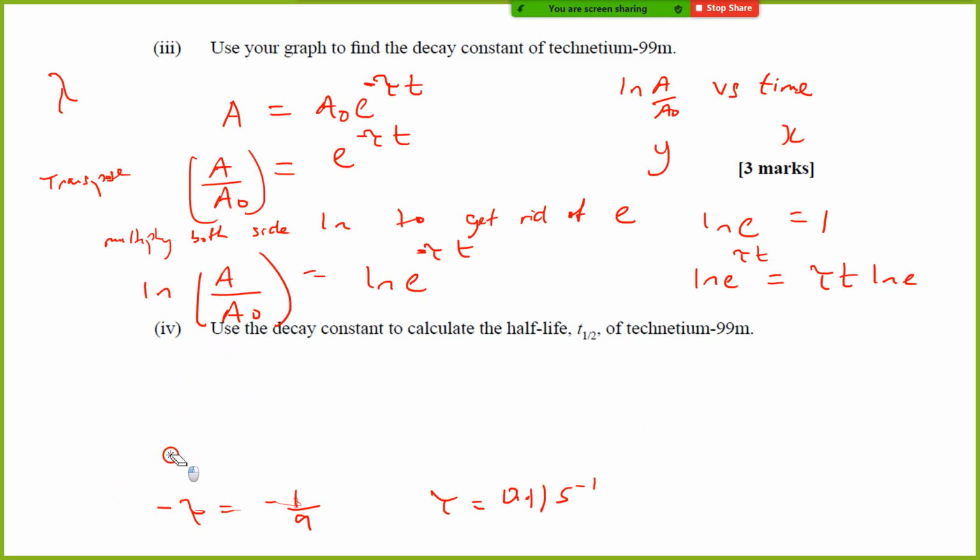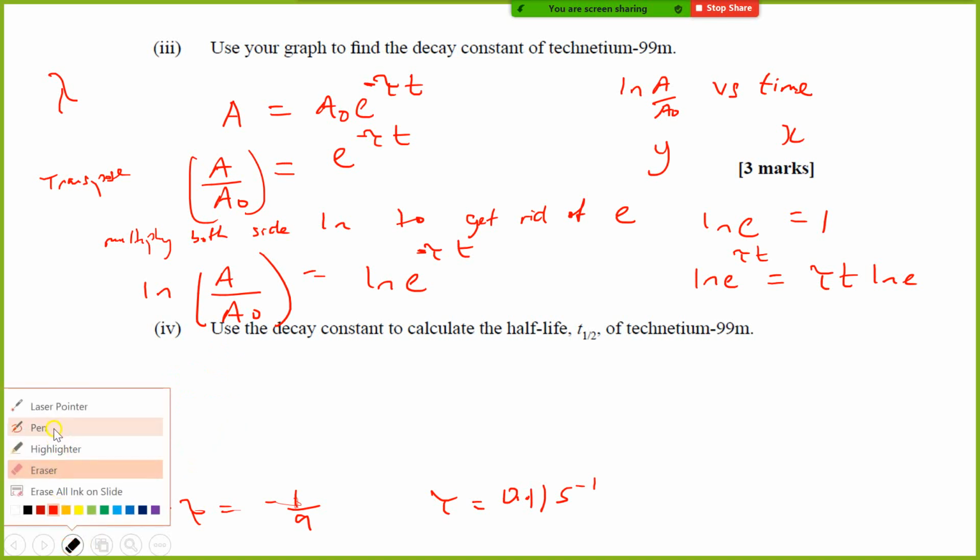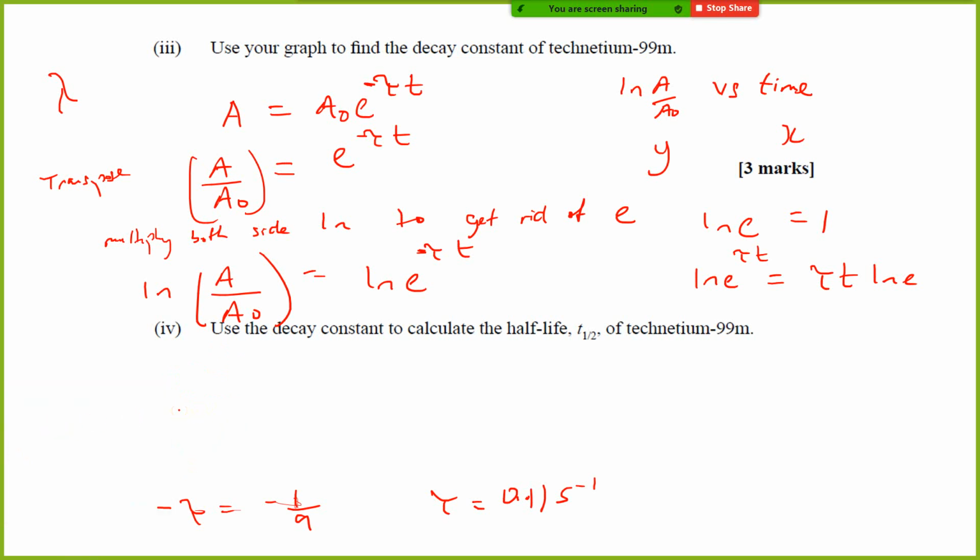So the next part of the question now says to use the decay constant to calculate the half-life. So this is where that comes into play, that the half-life is equal to ln 2 upon the decay constant. So that lovely formula that we know of. So ln 2, if you put that in your calculator, you're supposed to get 0.693.